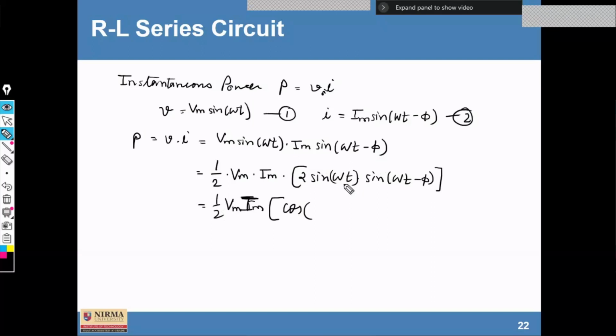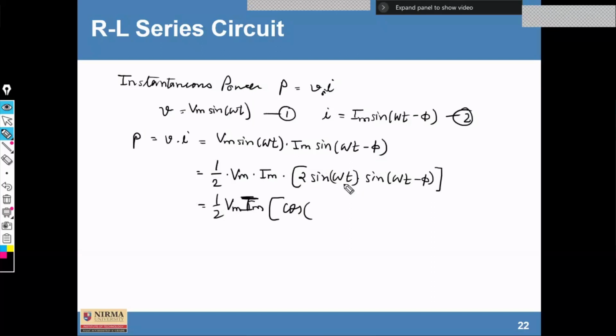The second term changes with respect to time and is the imaginary part. So the real part is 1/2 Vm Im cos phi, and the term 1/2 Vm Im cos(2 omega t minus phi) indicates the variation of power at twice the supply frequency, where omega is 2 pi f.